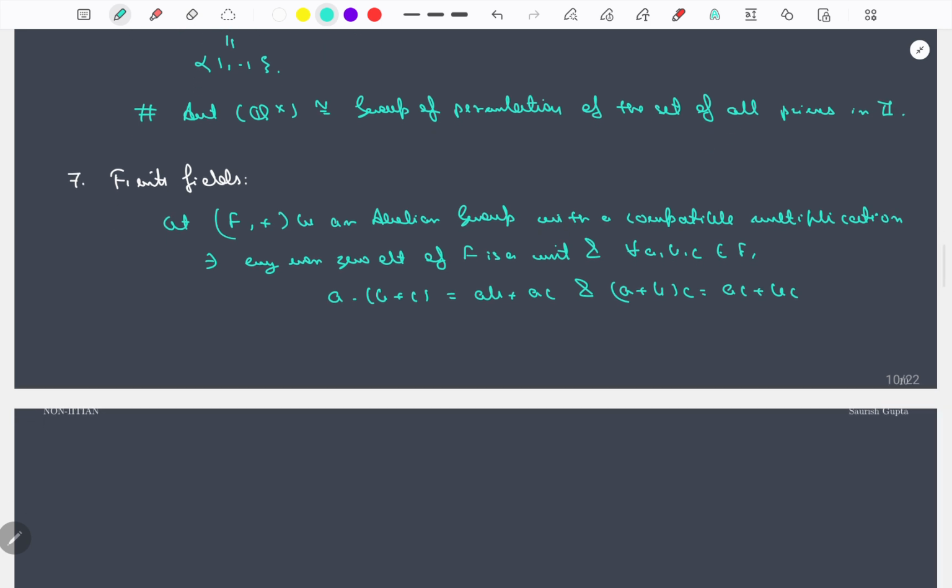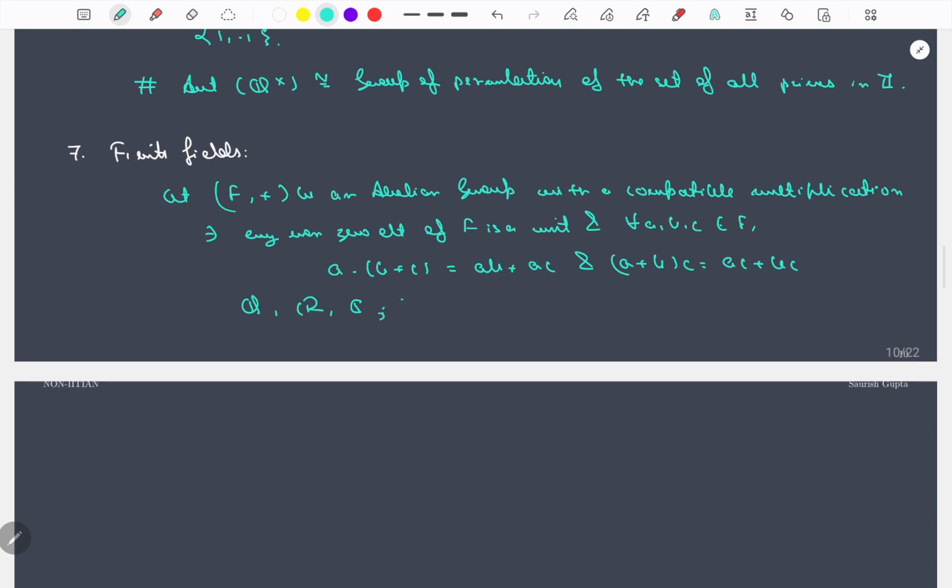Okay, the trivial examples of fields would be Q, R, C. All of these are fields, and Zp is an important finite field. In fact, it's a prime subfield. That is, every finite field will contain Zp, and it's the smallest field all finite fields contain.